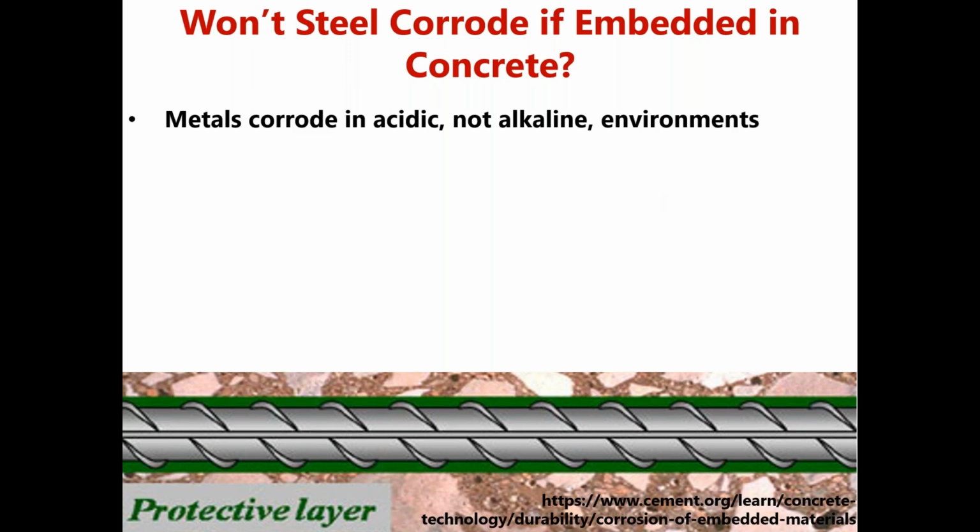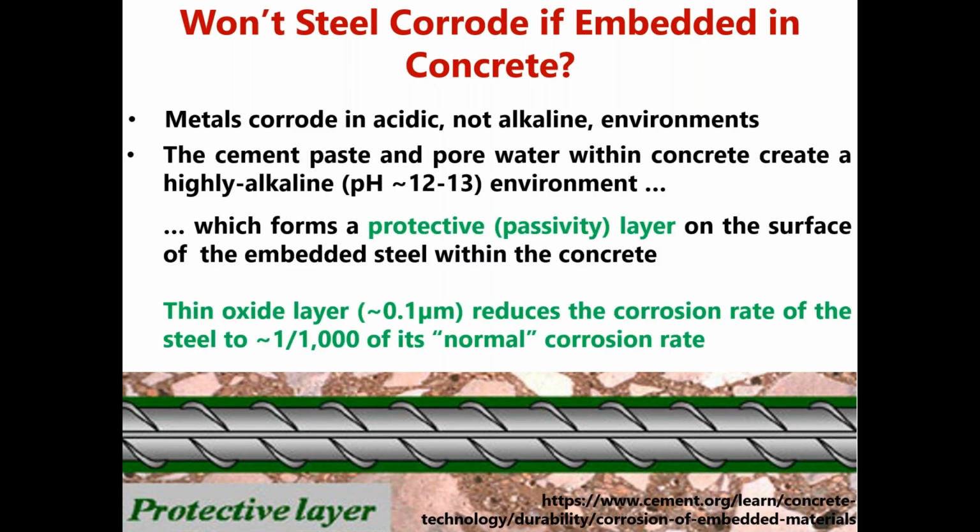And lucky for us, the pH of concrete, cement, and water in equilibrium with that is really basic. It's like a pH of 12 or 13. So as long as the embedded steel is within that highly alkaline environment, we're not going to experience any oxidation or corrosion of the steel.